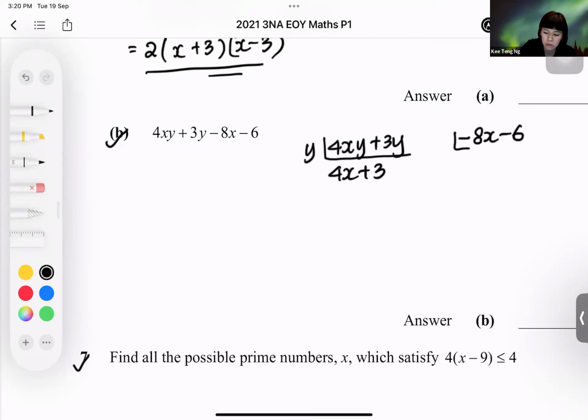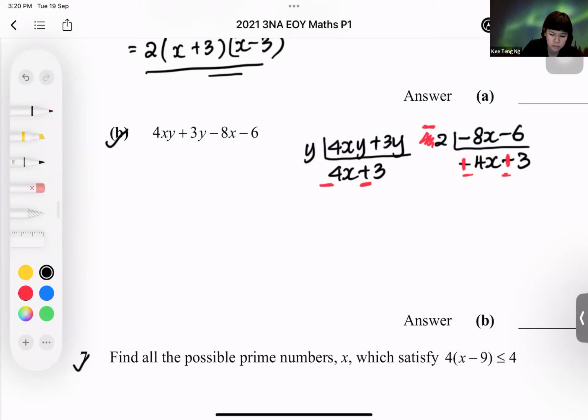Down here, if I factorize out 2, then this will be negative 4x, negative 3. But you observe the sign over here, they are not the same. So what can we do? Instead of taking a positive sign, we're going to change this to minus, and this one becomes a plus.